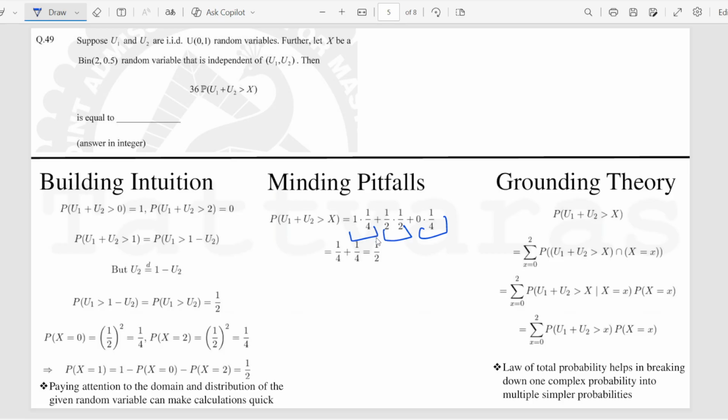That's it. It's maybe slightly lengthy because steps have been written over here for you to see, but in the exam it shouldn't take this much time. Once you notice this distribution hack, it should be straightforward.